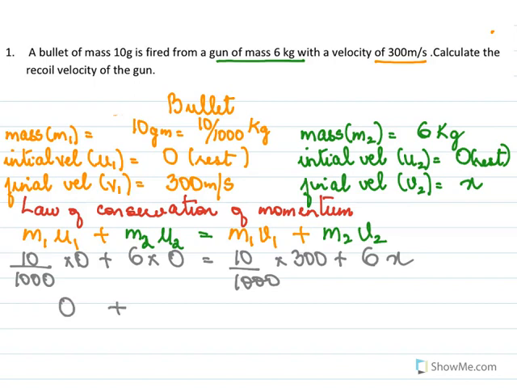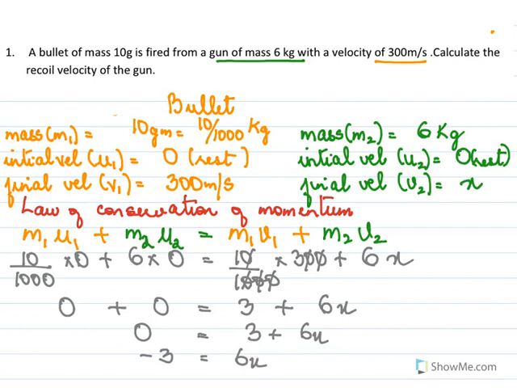This would be 0 plus 0 equal to, this cancels out, so 3 plus 6x. So 0 equal to 3 plus 6x, minus 3 equal to 6x, which means now x equal to minus 3 by 6, and x is minus 1 by 2 meter per second.